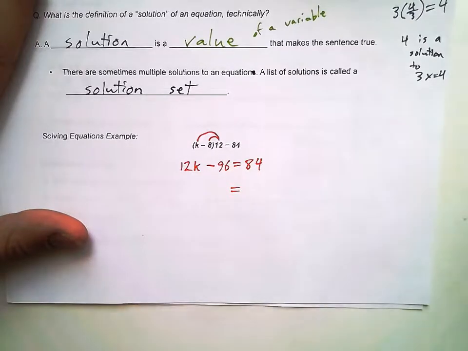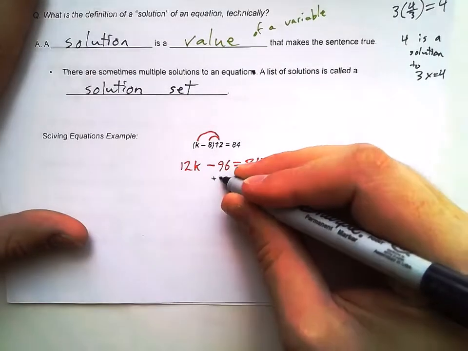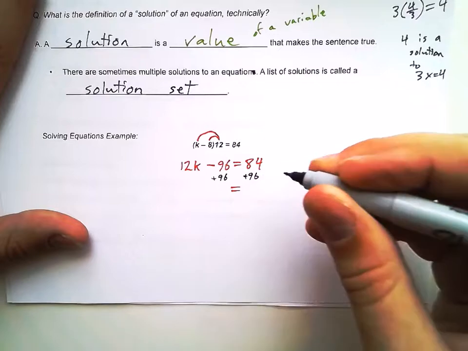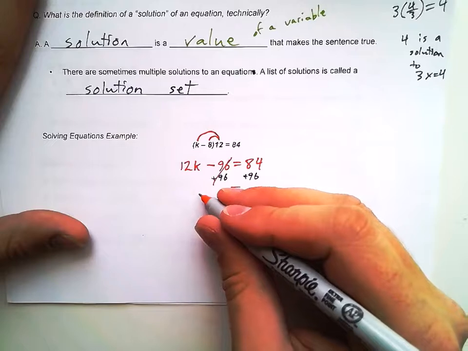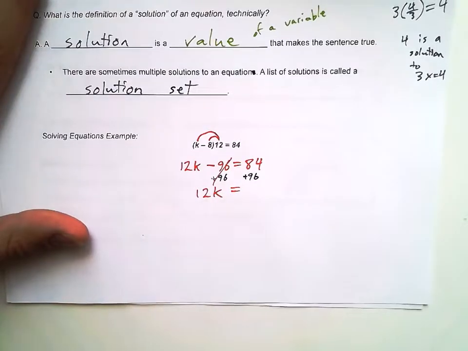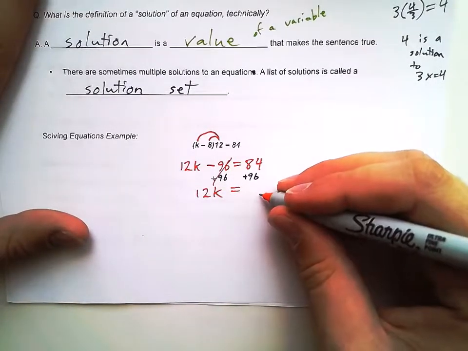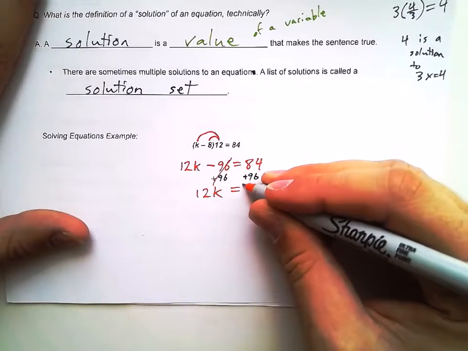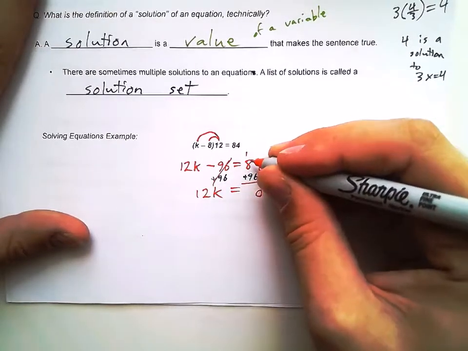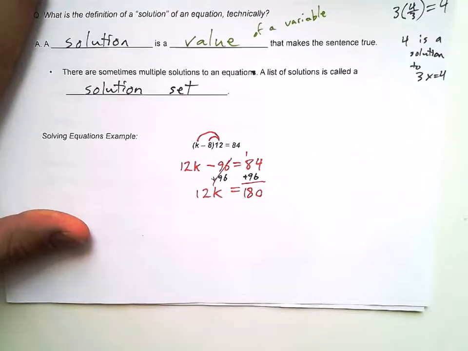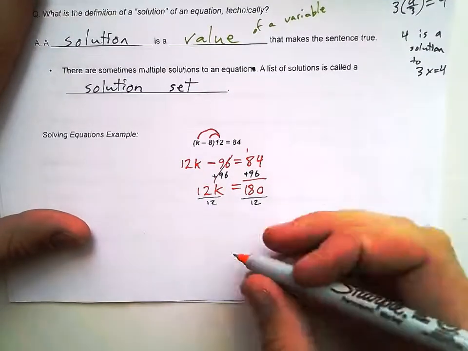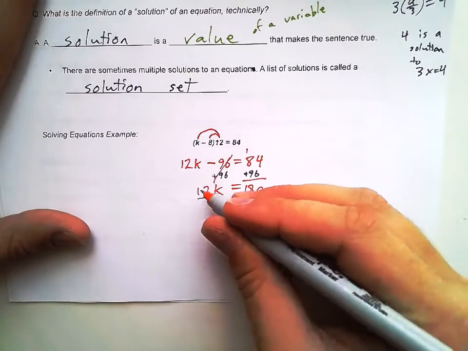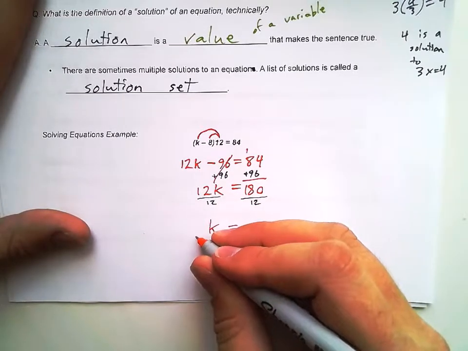We will add 96 on both sides. That will go away, and it'll just be 12k left on the left side. On this side, we'll get 180, and now we can divide both sides by 12 and get k. 12 divided by 12 is 1, so we just have 1k.